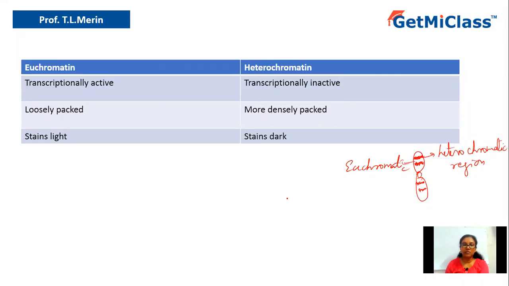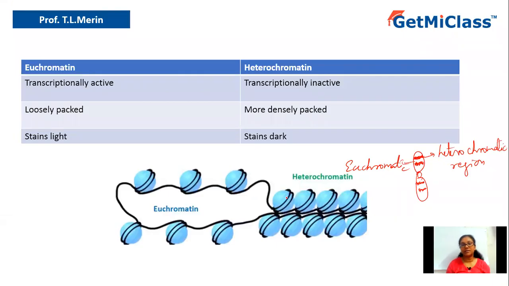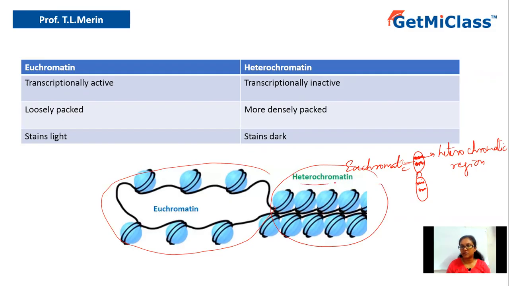If we look at the chromatin level, this is how they look. The euchromatic region is loosely coiled and the heterochromatic region is tightly coiled, and that is why it is highly condensed. That is the reason it takes up more stain and looks dark, like dark bands on the chromosome. Whereas the euchromatic region is loosely packed and consists of active genes.